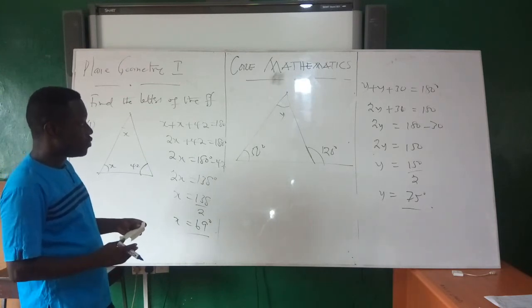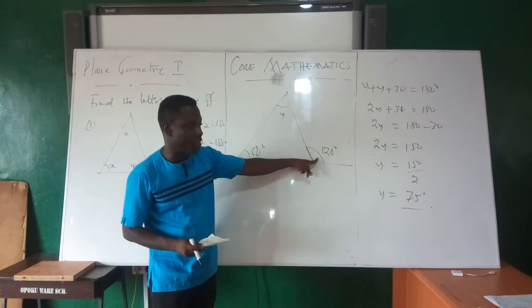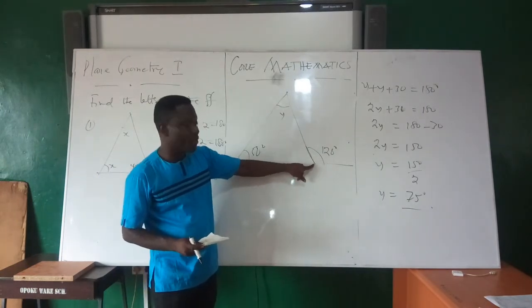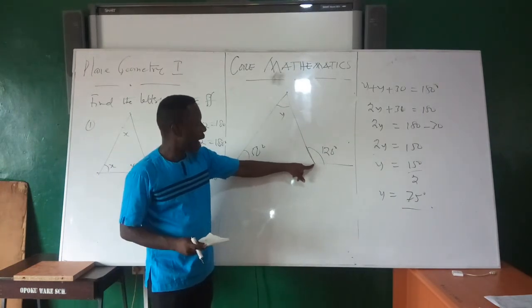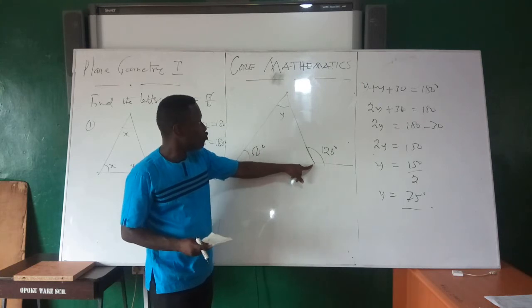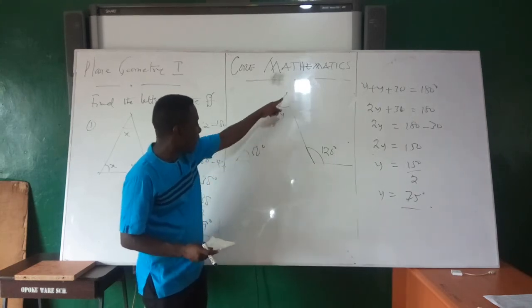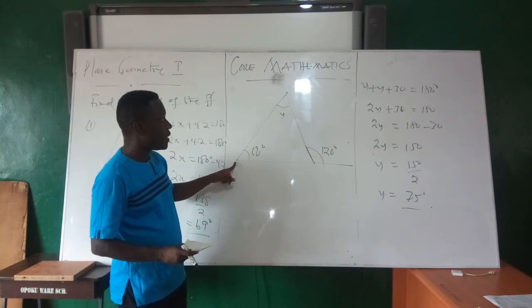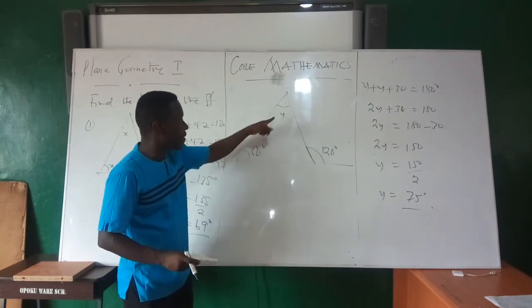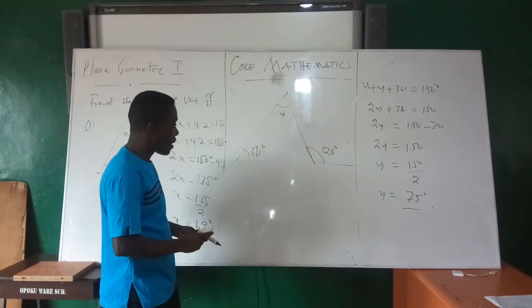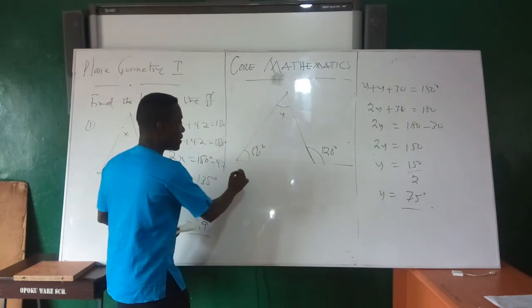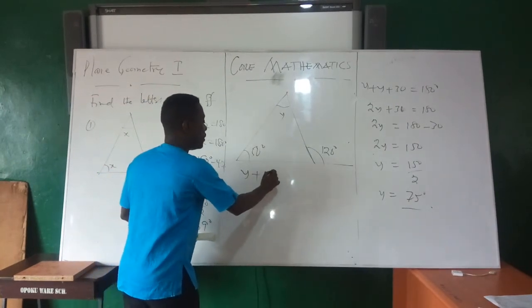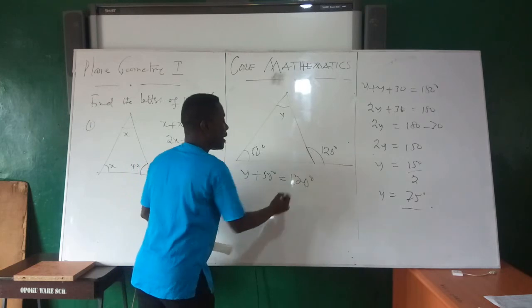And that is, you see that this angle here is an exterior angle, and it is around this point. So there are 2 other vertices left, this one and this one. Now the 2 interior angles there, when you sum them, they are supposed to give you this exterior angle. So in short, we will say that y plus 50 degrees is equal to 120.